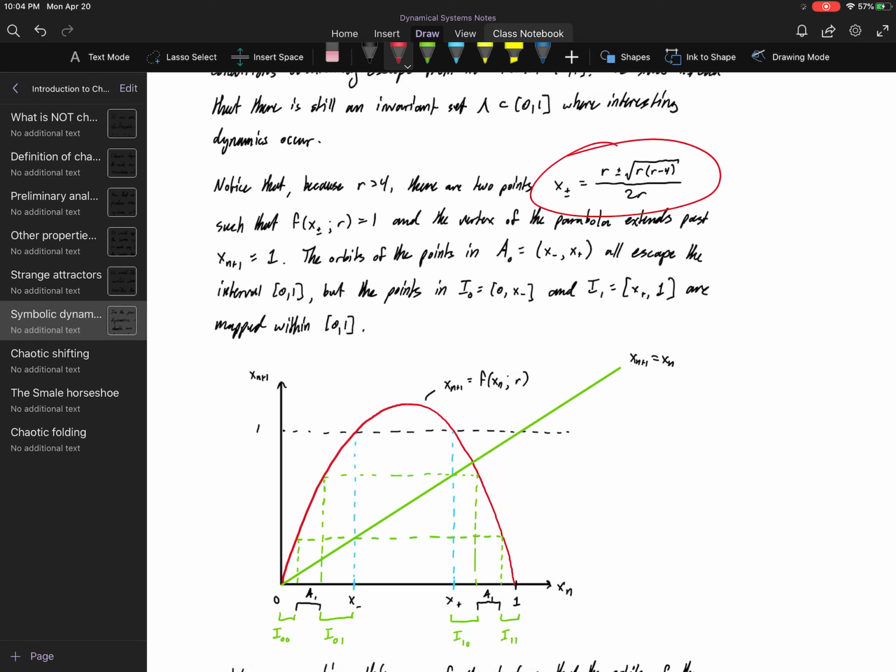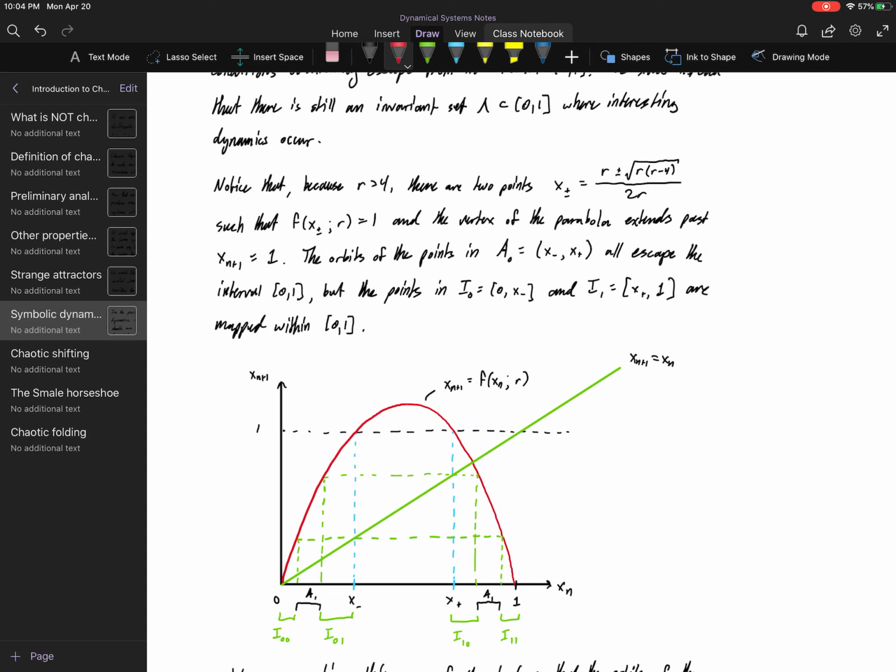You can solve that with a plain old quadratic formula to see exactly where those points are. But the vertex of the parabola now extends past this horizontal line at 1, and the orbits that live within this open interval from x minus to x plus must all escape the interval from 0 to 1.